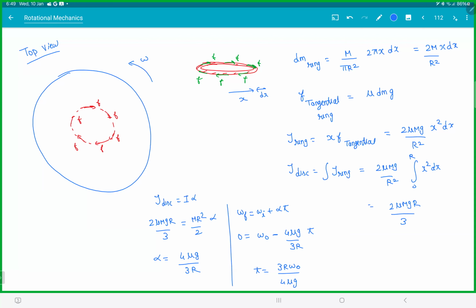Check it out. Friction on the ring. So the question you need to ask is this.